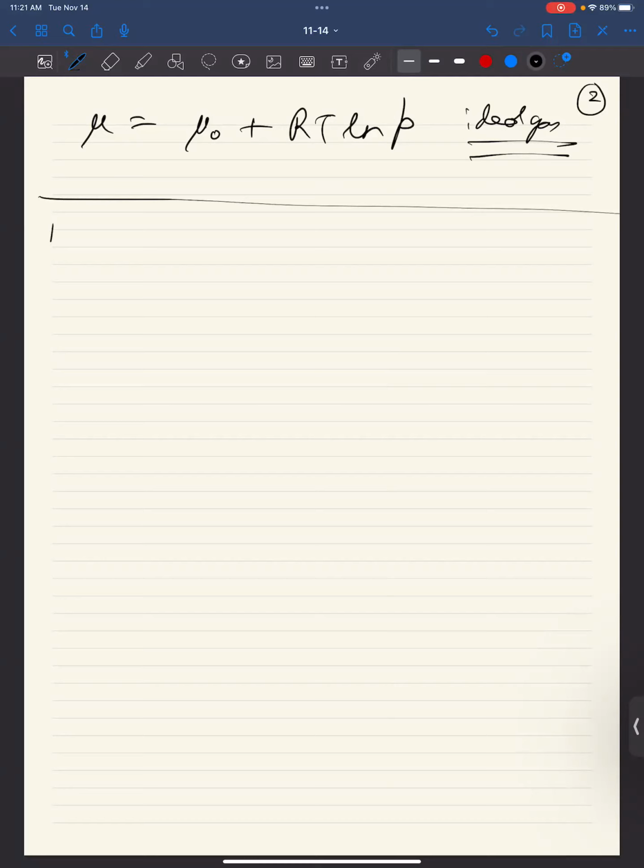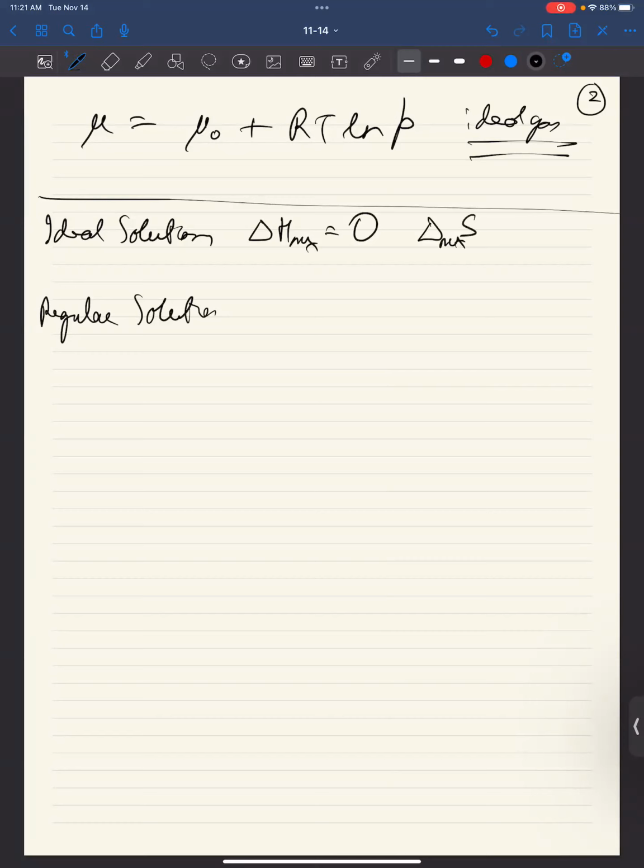So last time we were talking about solutions, right? We talked about ideal solutions, and we talked about regular solutions. For ideal solutions, the enthalpy of mixing was 0, right? And the entropy of mixing, does anyone remember the expression for a 2-component ideal solution?